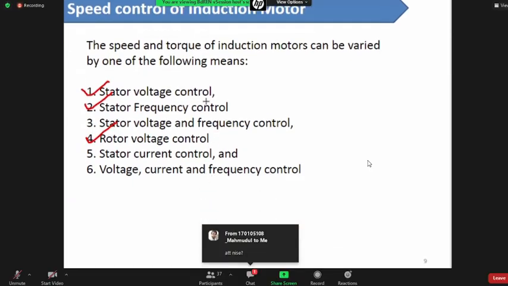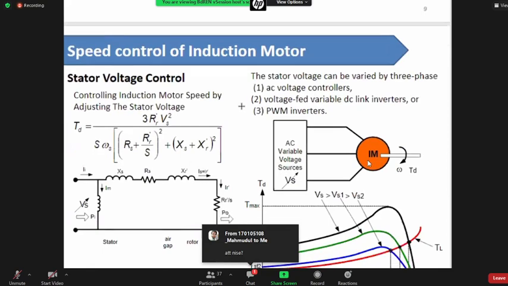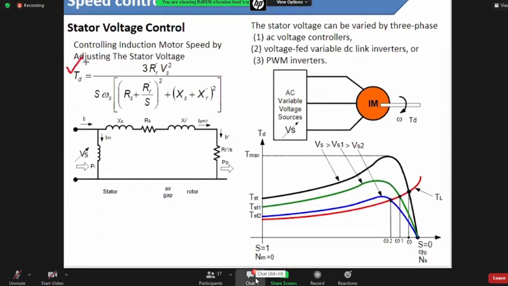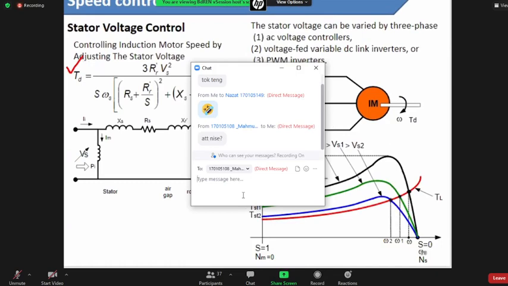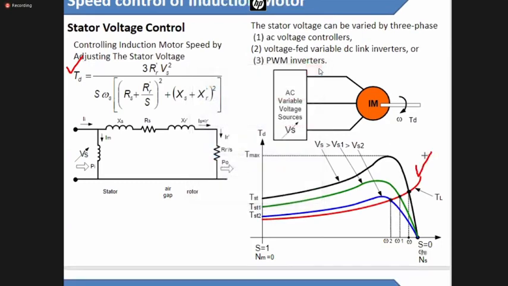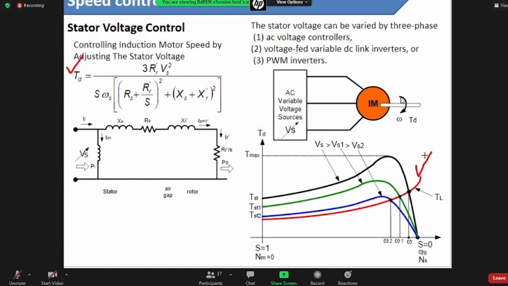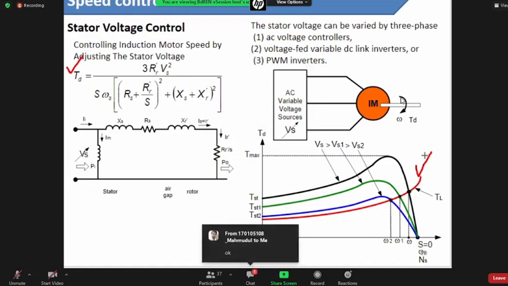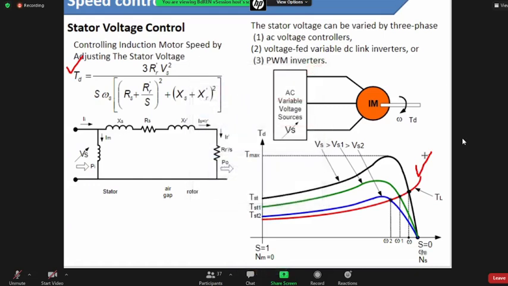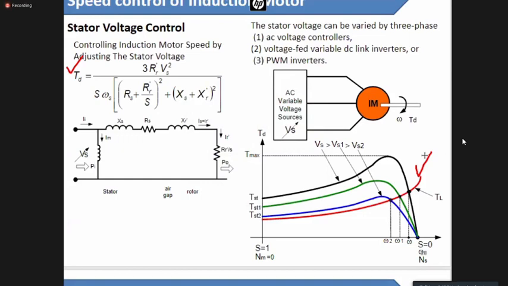So the first approach is stator voltage control. If you look into the equation, this was the developed torque equation, and this was the plot right here. You can see that if we vary the stator voltage, the torque is definitely going to be varied according to that stator voltage.